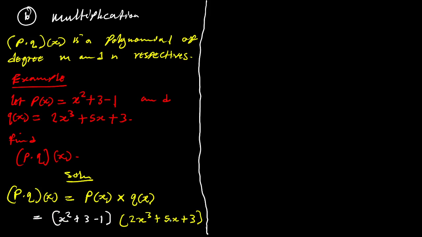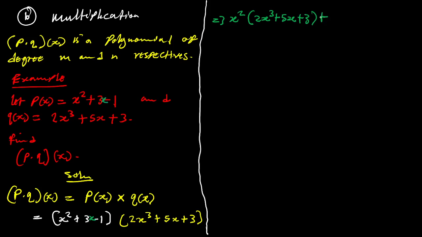So this simply means that we are now going to have a situation where we are going to say x squared open bracket 2x cubed plus 5x plus 3 close bracket. Then you are going to say plus, remember this has to be 3x, sorry, there this is 3x. I made a mistake there.